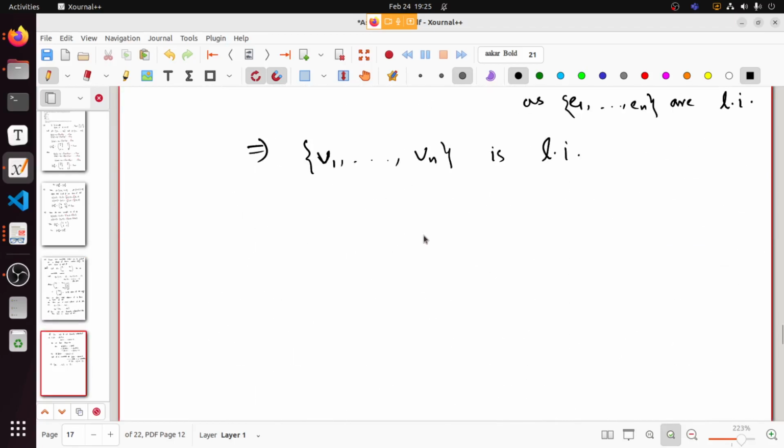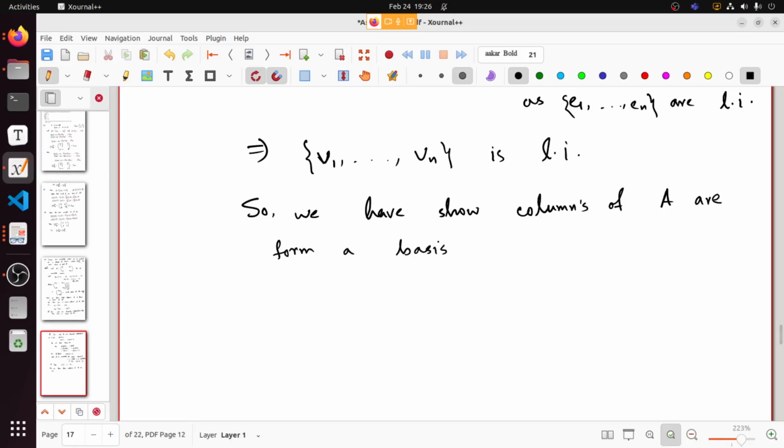So the columns of A form a basis of Rn, right. So they are now a basis of Rn.